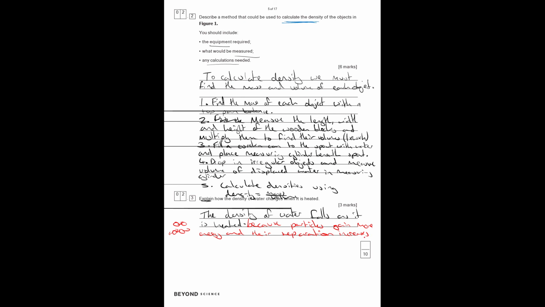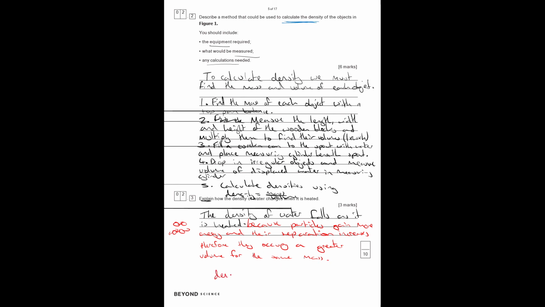Because particles gain more energy and their separation increases, therefore they occupy a greater volume for the same mass. We've got the same mass because we've got the same number of particles, but because they're a bit more separated, the volume's increased.